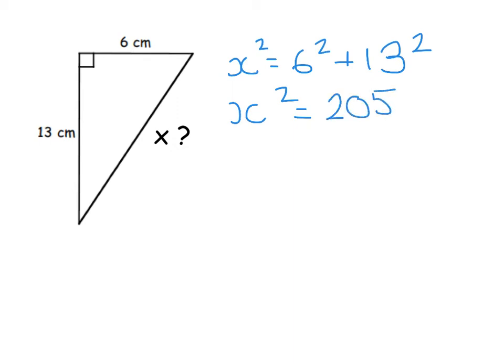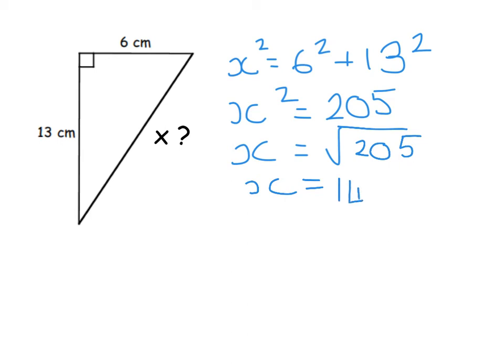Now 205 isn't my answer. Remember, I've still to square root that. So we do square root of 205, which is, when you type into your calculator, square root 205 or square root answer button equals 14.317, so that goes to 14.32 centimetres to 2 decimal places.